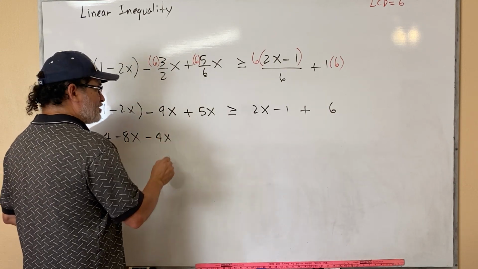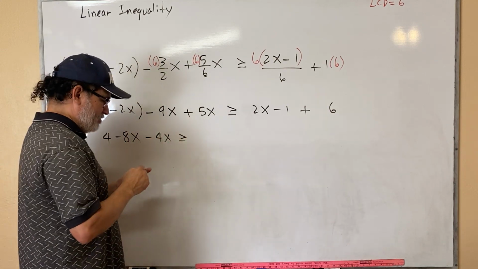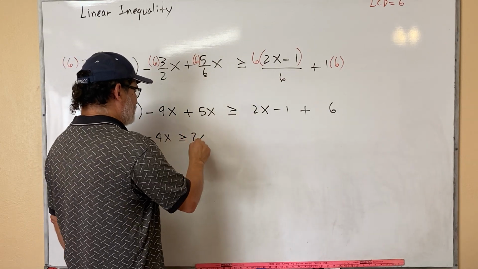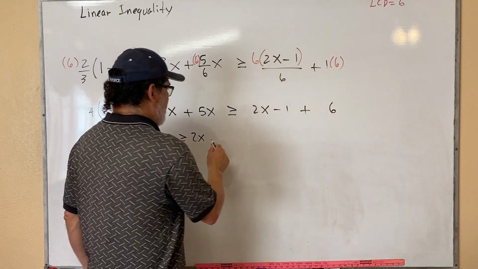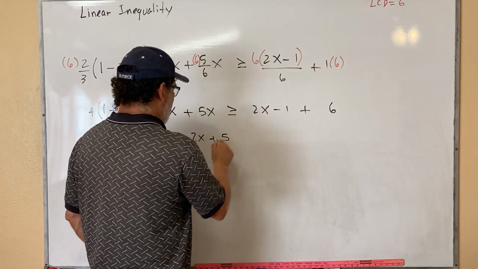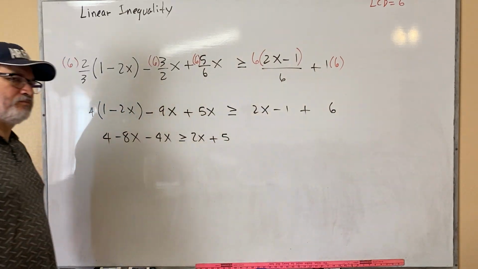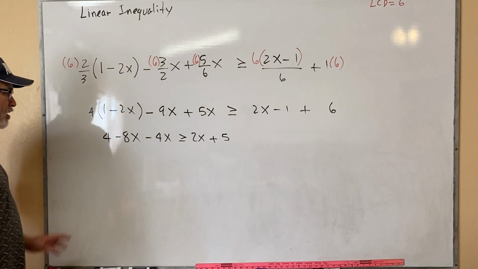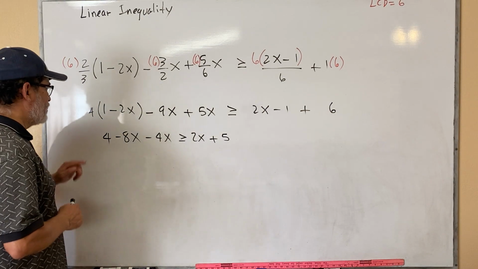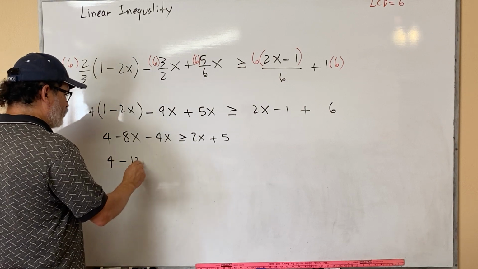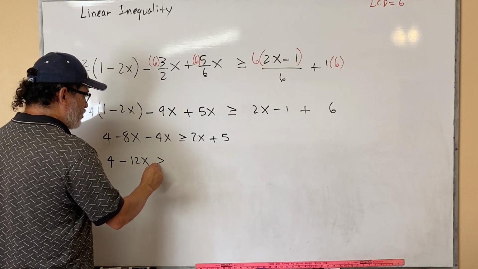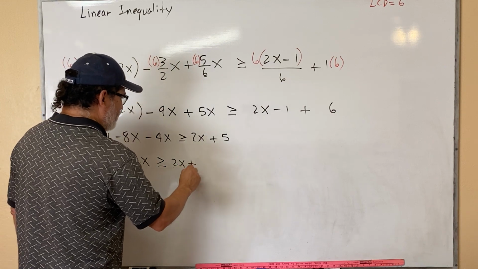Negative 4x. That's a 2x. And what's negative 1 plus 6? Plus 5. Combine like terms. That's a 4 minus 12x, greater than or equal to 2x plus 5.